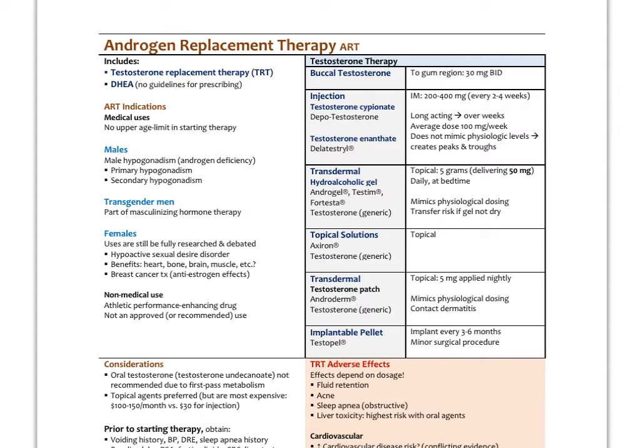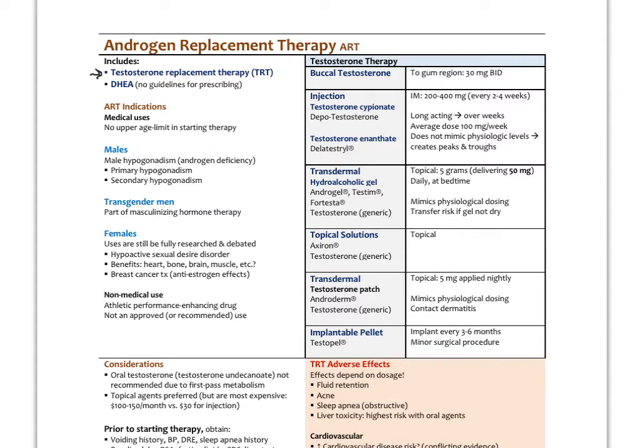So I want to say a few more words about androgen replacement therapy. Again, this includes testosterone replacement and DHEA, although in most textbooks it mostly just refers to testosterone replacement therapy. The indications for ART would be in males for male hypogonadism, as we just discussed, that's androgen deficiency.